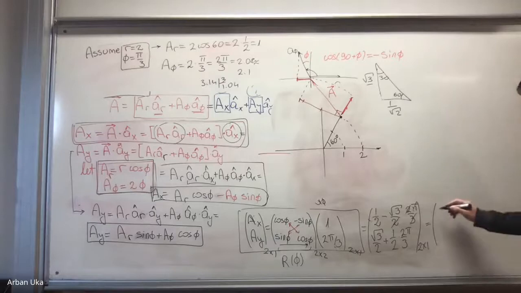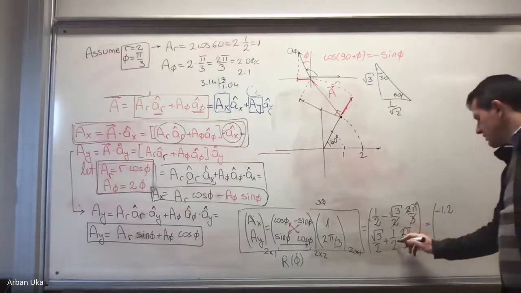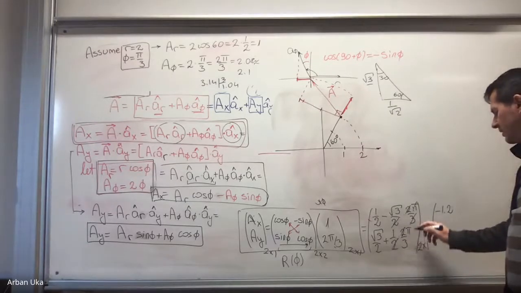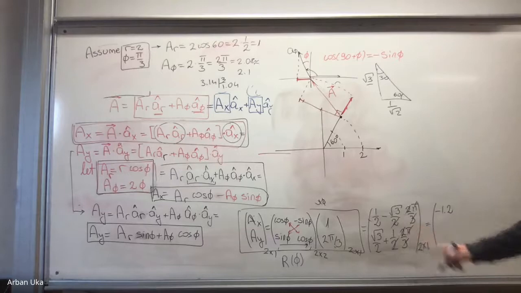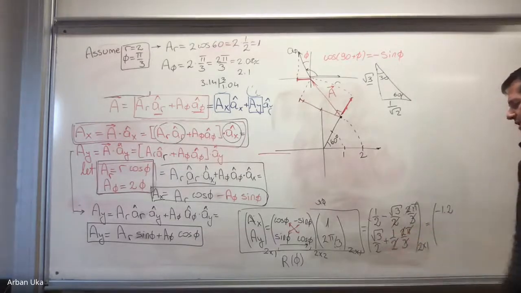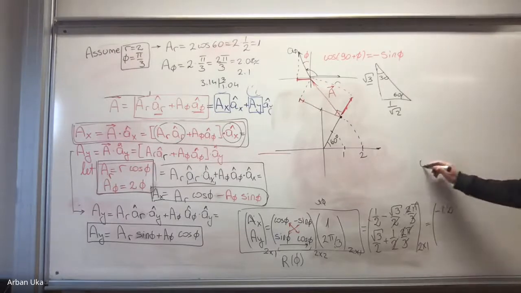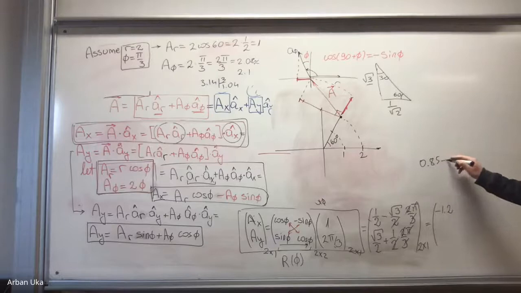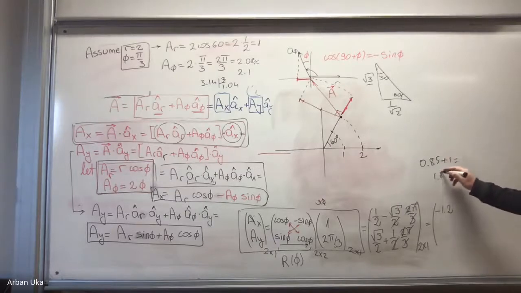So this is minus 1 over 2. This is A_x. A_y is equal to, let's cancel this out, pi divided by 3, they almost cancel each other out. So here we get square root of 3, which is 1.7, divided by 2 is 0.85. So here we have 0.85 plus 1. This is 1.85. Good.